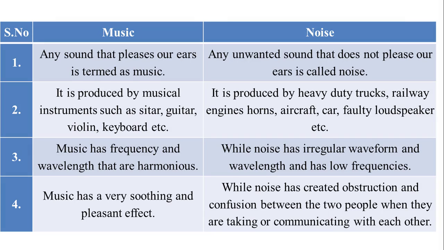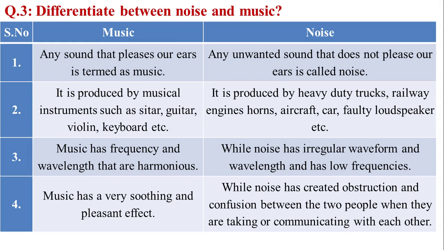Now we come to the next question: differentiate between noise and music. What is meant by music? Music is any sound that pleases our ears. Any unwanted sound that does not please our ears is called noise.